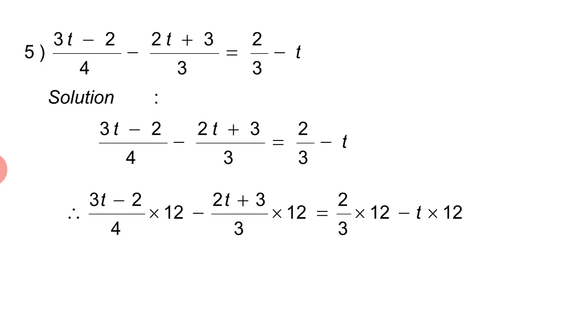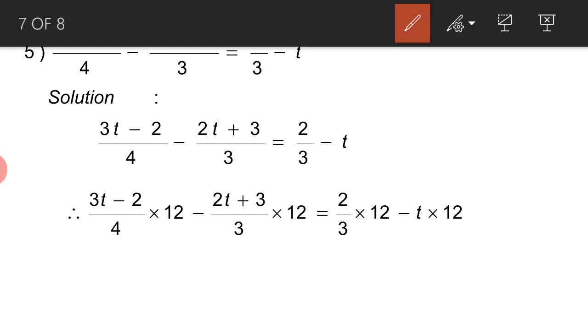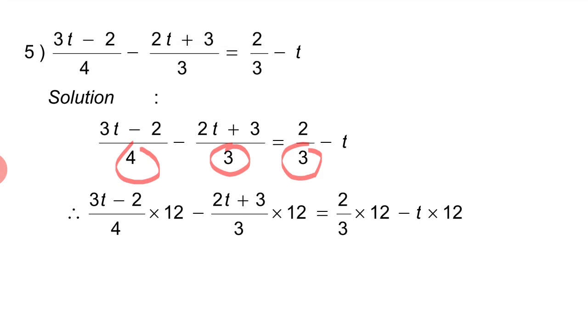Now why have I selected 12? Because I am observing the denominators 4, 3 and 3. So I have taken the LCM of 4, 3 and 3. What is the LCM of 4, 3, 3? It is 12. So we multiply both sides of the equation by 12.